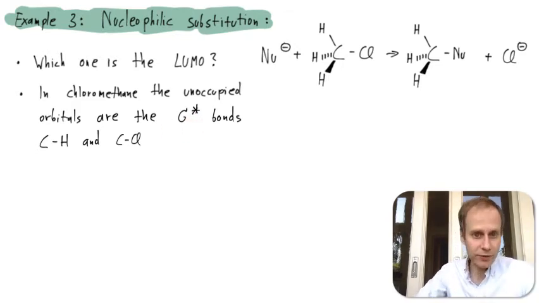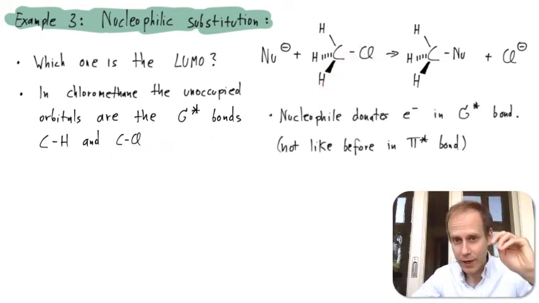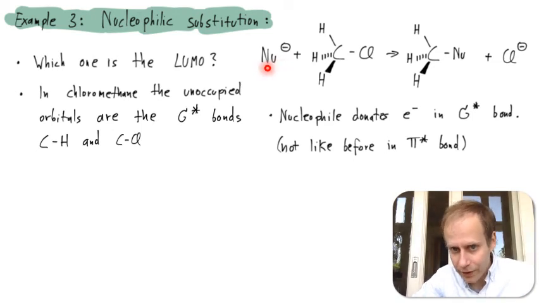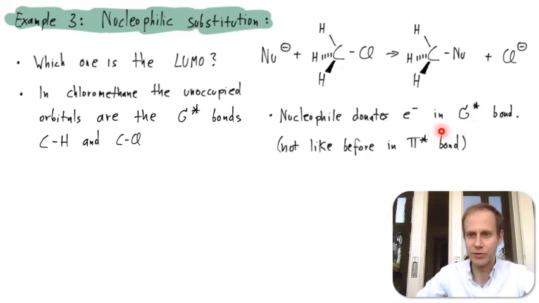So where is that sigma star? It can be either between the carbon and the hydrogens, or it can be between the carbon and the chlorine, right? And so when the reaction then proceeds, the nucleophile will donate its electrons into this sigma star bond, forming a new bond, and not like the last time into a pi star. This time it's a sigma star.